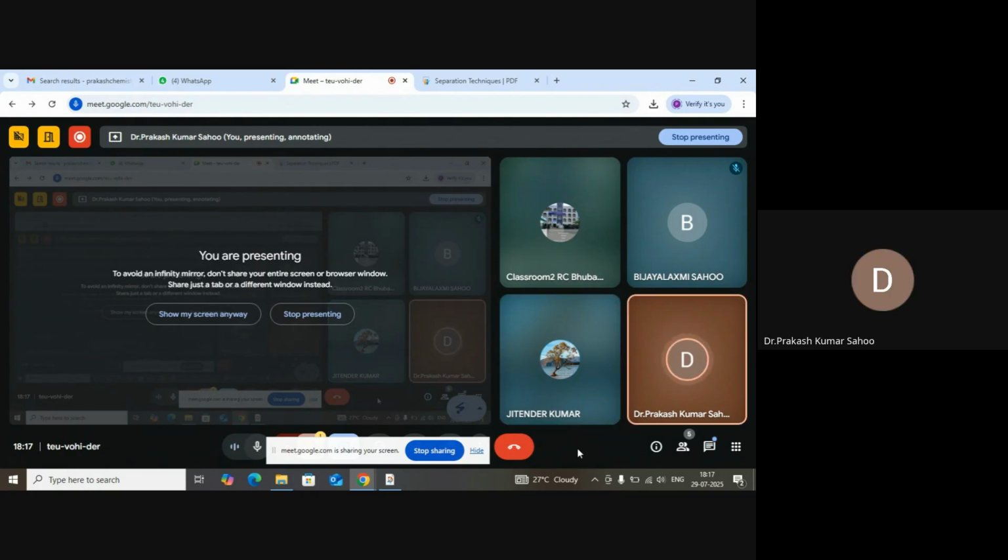So today we will discuss all about separation techniques. From a mixture, on the basis of different properties like volatility, solubility, boiling point, and melting point, we are separating the different components of a mixture.